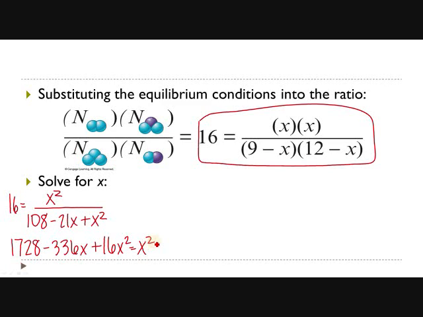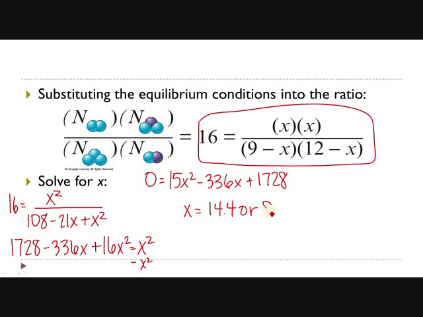Okay, so plugging in for quadratic, when we get a 0, I'm just going to put my 0 equals here, it'd be 15x squared, because I subtracted this one over, minus 336x plus 1728. So then setting this into the quadratic formula, I can show you. Contact me if you really want to see it. The two options for x would be 14.4 or 8.